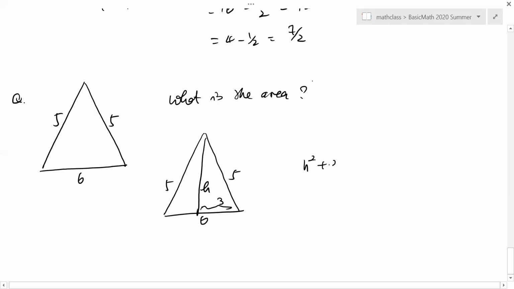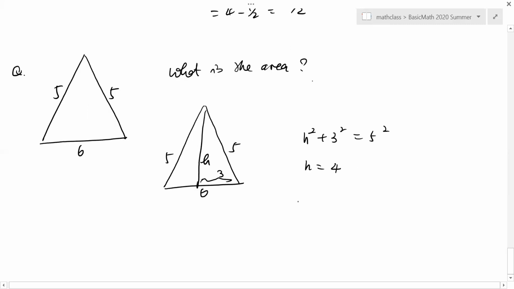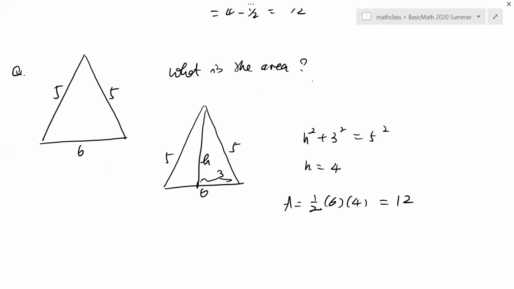H squared plus 3 squared equals 5 squared. Then H must be equal to 4, right? So once you figure out 4, then the area is going to be half of 6 times height, which is going to be 12. Okay, the height is 4. Got it?